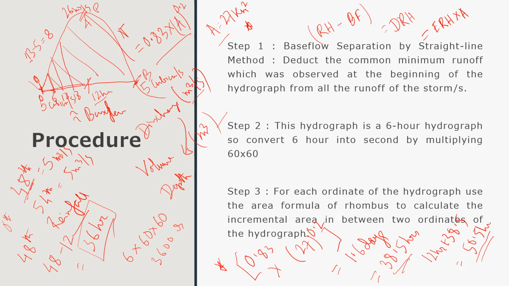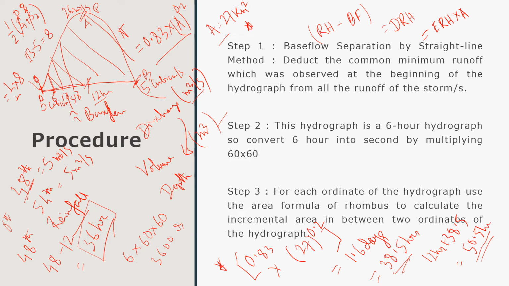And as per the formula of rhombus, to calculate the area of a rhombus, it is half into side 1 plus side 2. Correct? Now side 1 is already 0, side 2 is 8. So it becomes half into 8.